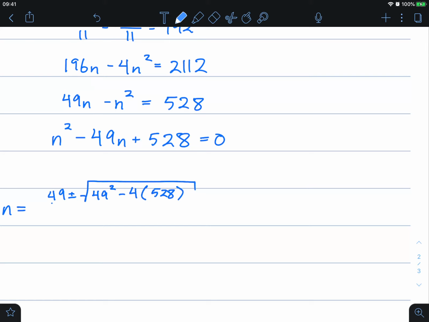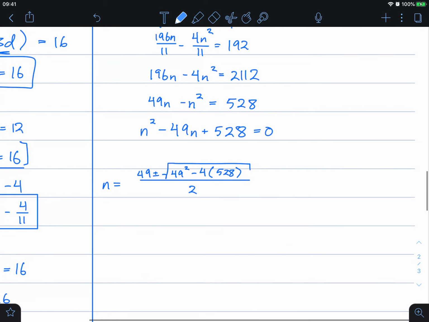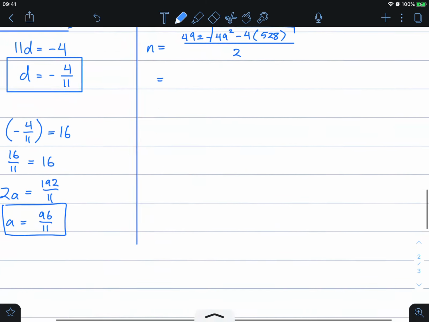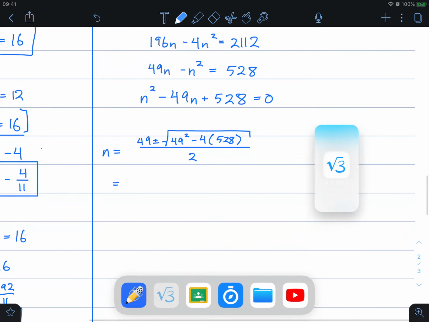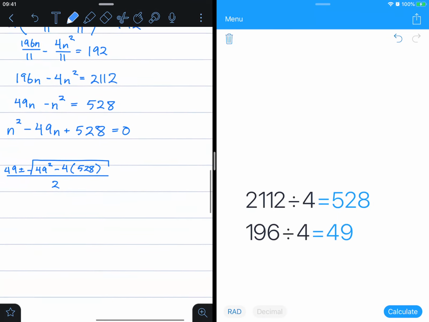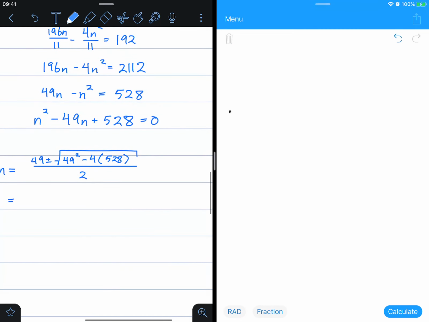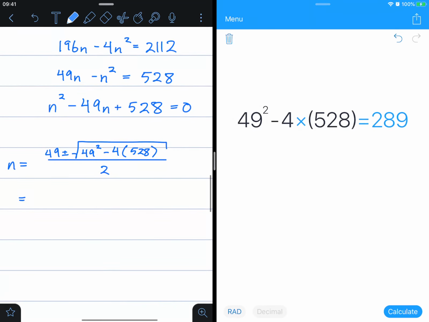We'll take the square root of all of that, divided by 2. Let's evaluate things nice and slowly here. Let's do the 49 squared minus 4 times 528. Let's hope it's a positive. It is. So 49 plus minus the square root of 289, divided by 2.